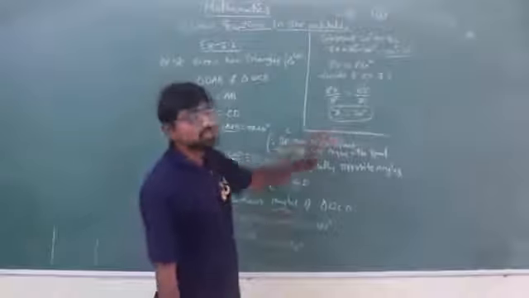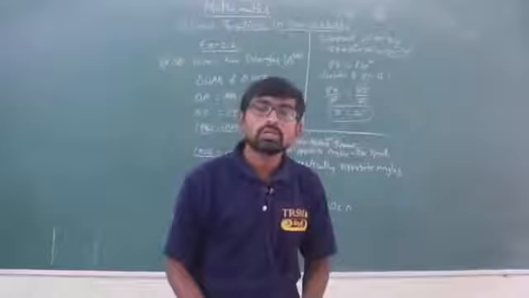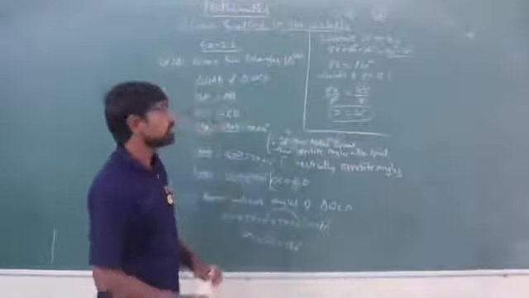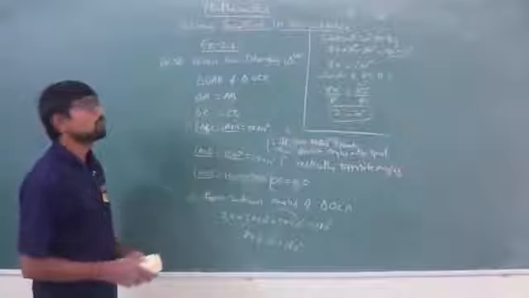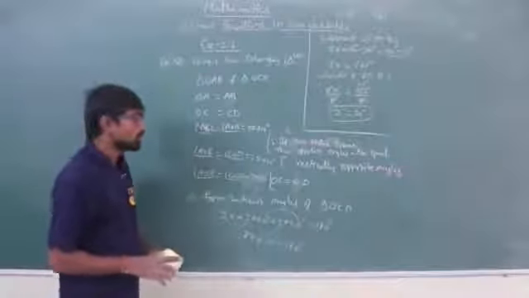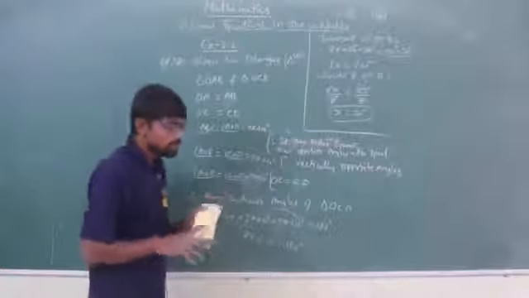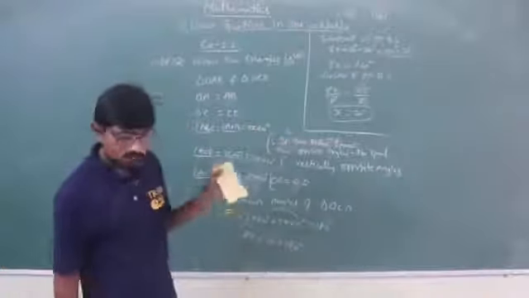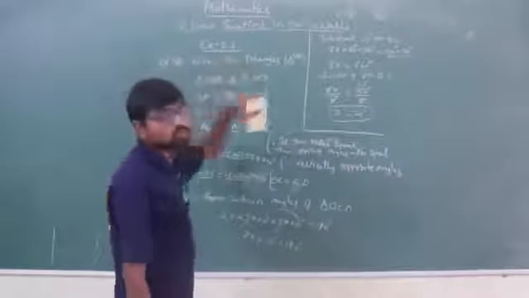So therefore the angle is 20 degree. The value of x is 20 degrees. Okay, so this is how you have to solve the problem. By this we have completed the first bit in exercise 2.2.